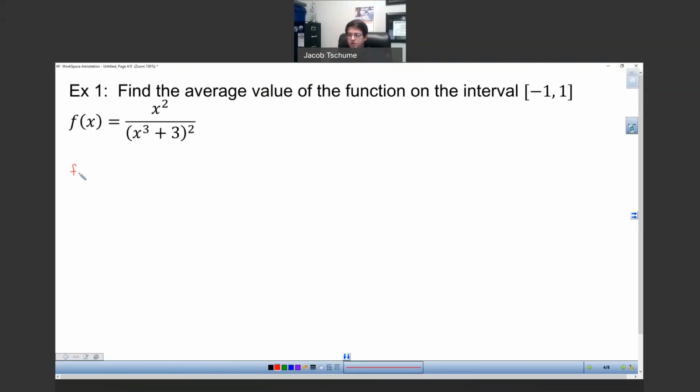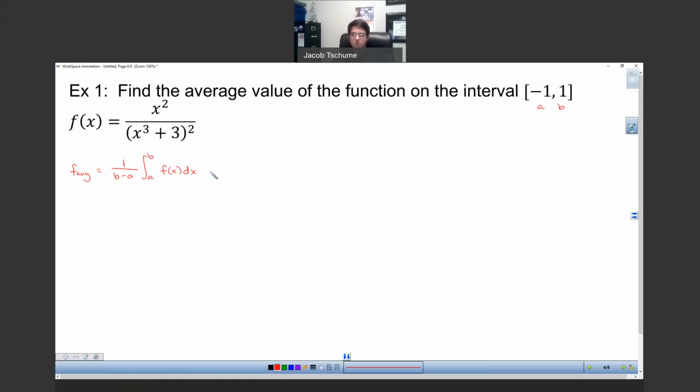As far as the formula goes, the average value function is defined as 1 over b minus a times the integral from a to b of f of x dx, where f of x is given to us in the problem, and also the interval from a to b is given to us.